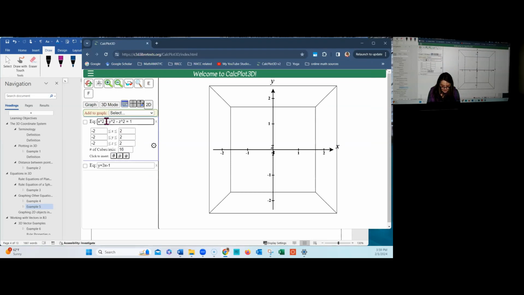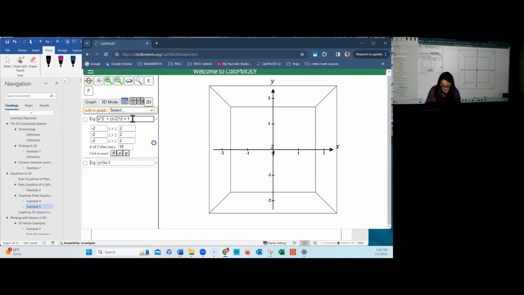I do not have a y squared, so I'm going to take that out. And my z squared is positive, so make sure you change that. And my z is going to be z minus 2 quantity squared, and it equals 16. So make sure you get it typed in correctly.